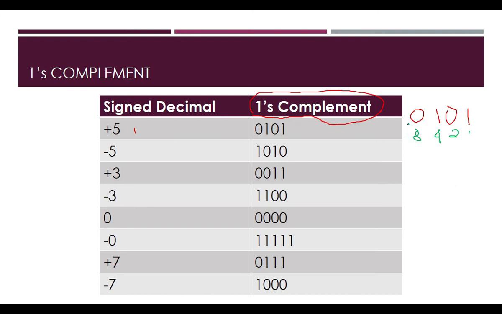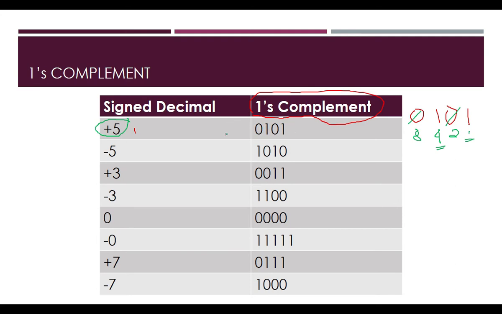We cancel out those zeros, so what will remain is the 4 and 1. If we add 4 plus 1, this gives us positive 5. That is why positive 5 can be written as 0101 in binary.